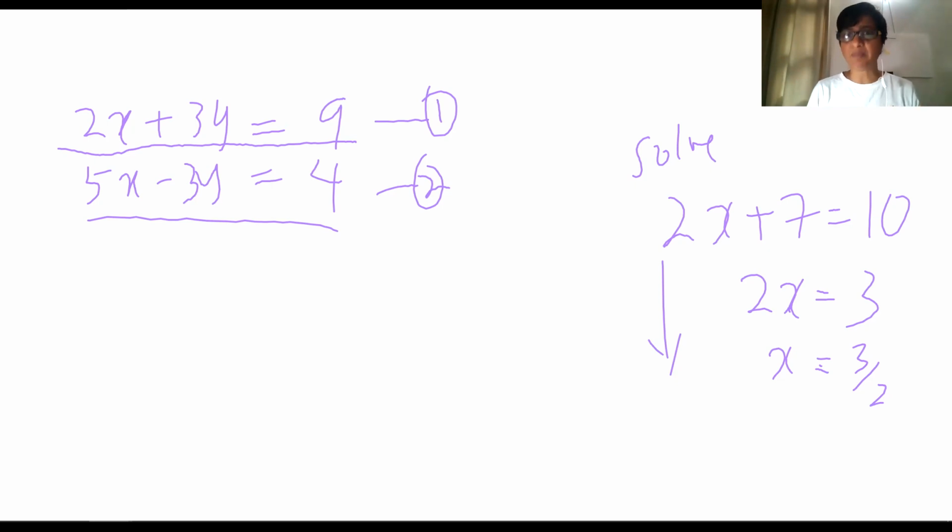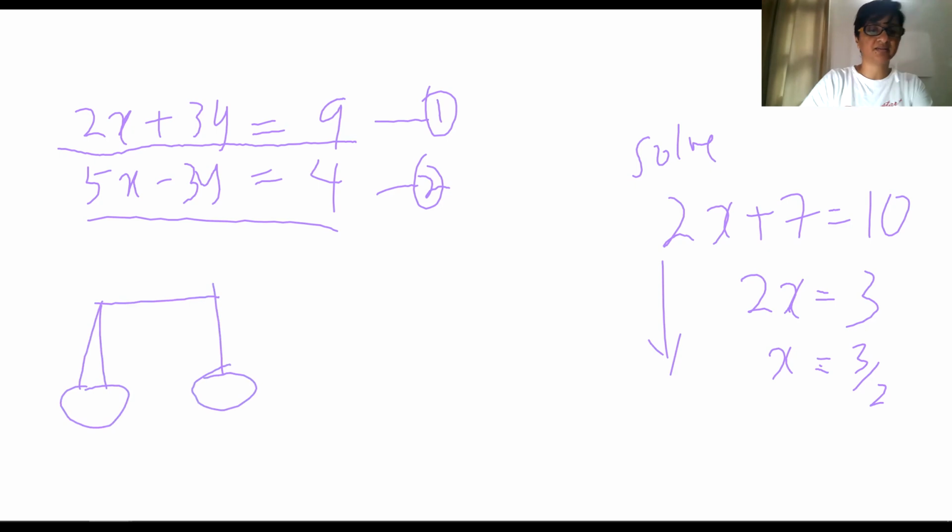Two equations can be added. Think of this: you have one balance. It's balanced, in equilibrium. The two sides are balanced. There is another balance. Let me draw the balance here.